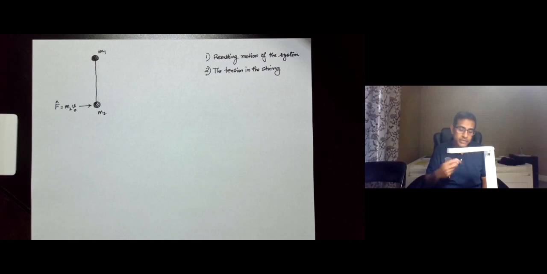Once we have deduced the motion of the center of mass, then we can figure out from that how the individual masses are moving. So that is one approach. Another approach is to determine the individual motions of the two masses separately as a result of this impulse, and then from there find out the motion of the center of mass, and so on and so forth.